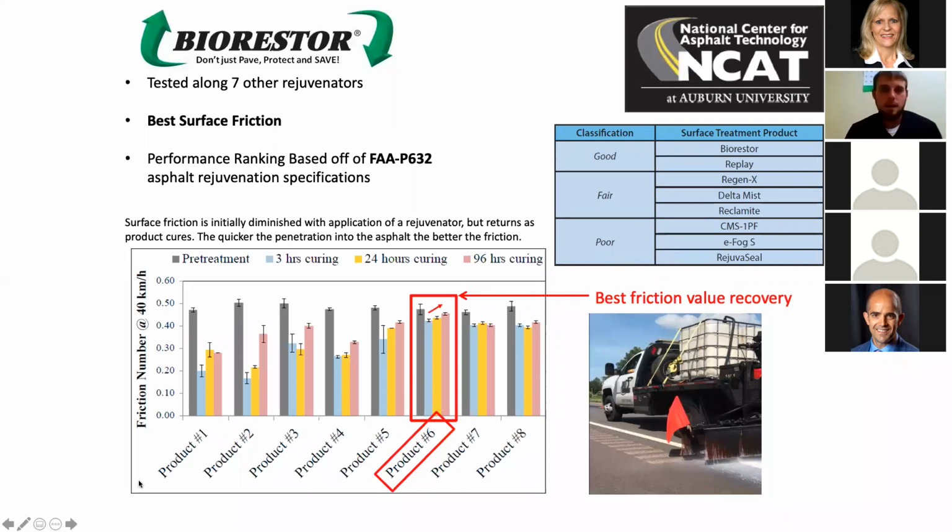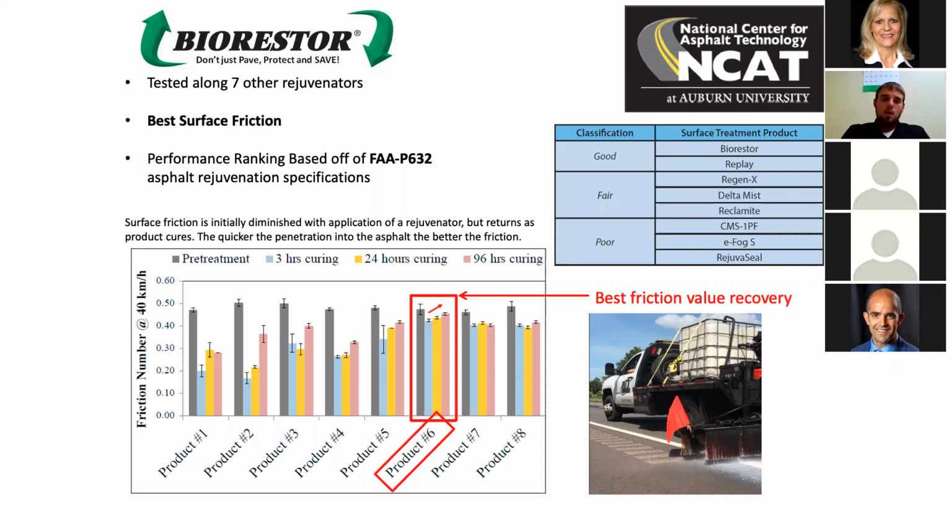In the fall of 2018, there was a 7 or 8 product rejuvenator test at the National Center for Asphalt Technology, where they evaluated rejuvenators on the FAA P632 ranking criteria, along with friction testing.